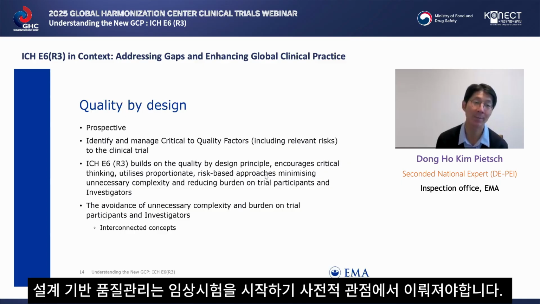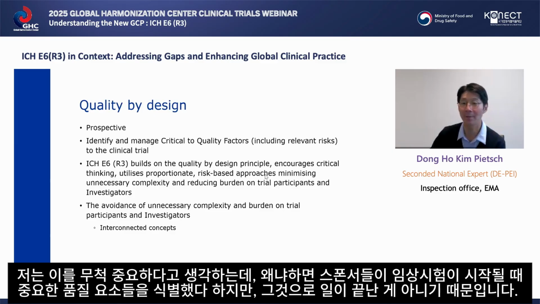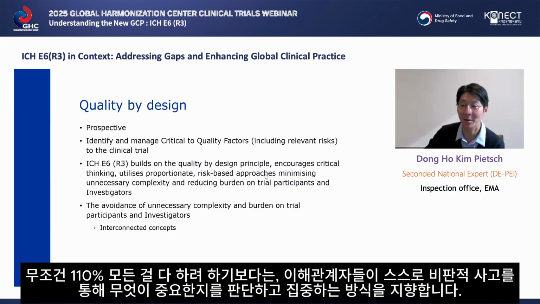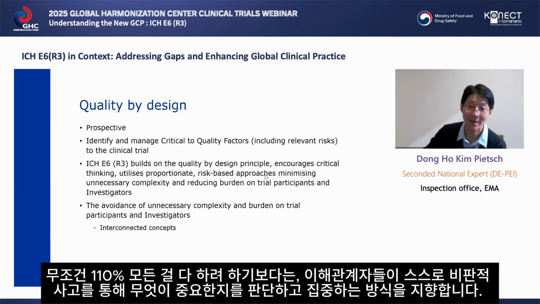Here in quality by design, it's really about doing this prospectively, and also about identifying and managing. I think that's important because we've seen sponsors identify those critical to quality factors, which is so good, but the job is not done. You also need to manage those and the associated relevant risks throughout the trial design. It's also saying, don't do everything to 110%, focus.